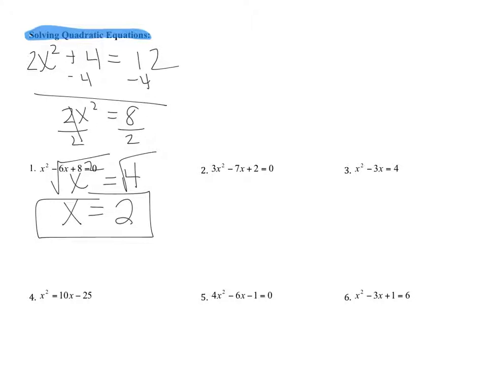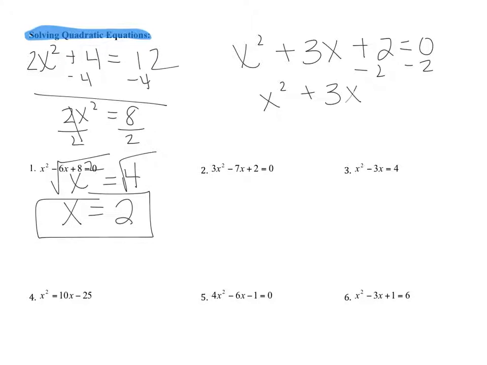But what happens when I have a problem like this? x squared plus 3x plus 2 equals 0. So I got to get x by itself. So I'm going to subtract 2 on both sides. So I have x squared plus 3x equals negative 2. Can I combine x squared with 3x?